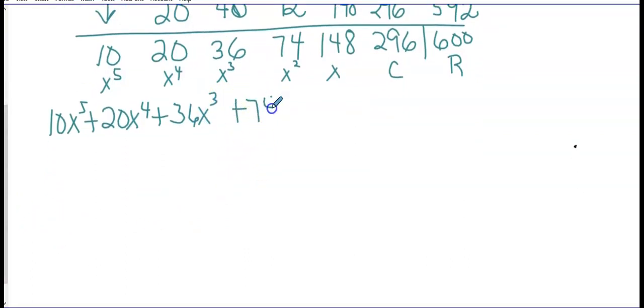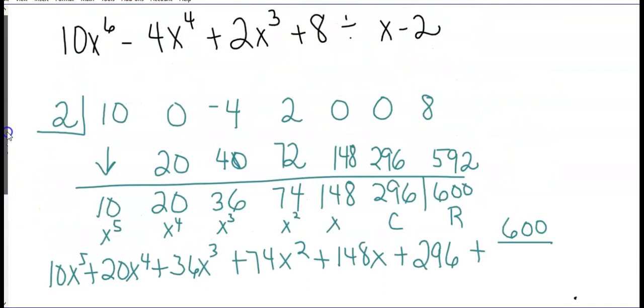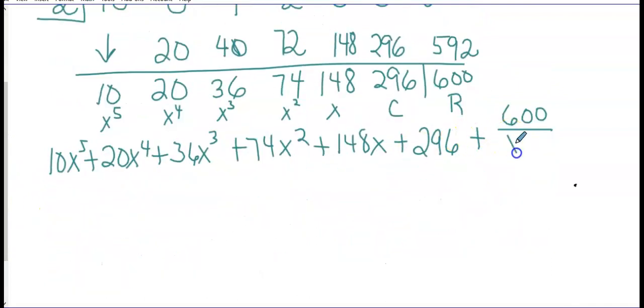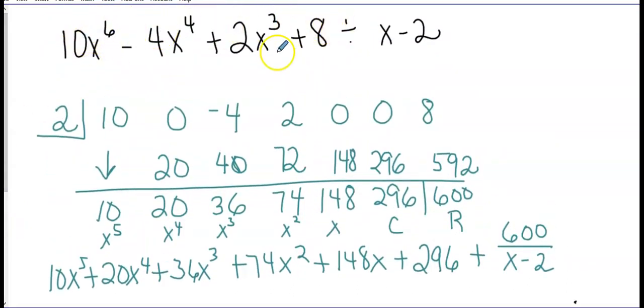Plus 74x squared plus 148x plus 296, I think these are all pluses, plus 600 over, what was my original? X minus 2. And the conclusion that we can draw from this is that x minus 2 is not a factor, which means 2 is not a root or x-intercept.